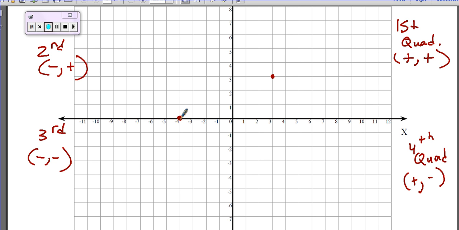It's right on the x-axis. 4 over doesn't go up or down. 0, negative 3, on the line, on the bottom. Yep. Very good. And then the final one, 4, negative 2. Fourth quadrant. Yep. Okay, does that make sense? Easy stuff, right?